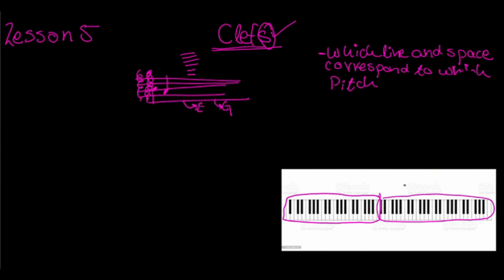And I use that clef whenever I want to talk about high instruments. For example, the violin's not going to be playing down there, the flute's not going to be playing down here. No, they're going to be playing up here, right? So when I only want to talk about high stuff, I use a clef that makes these lines pretty high. And maybe when I want to use a low instrument, I don't know, a cello or a double bass or a bassoon, I use a clef that makes these 5 lines pretty low.